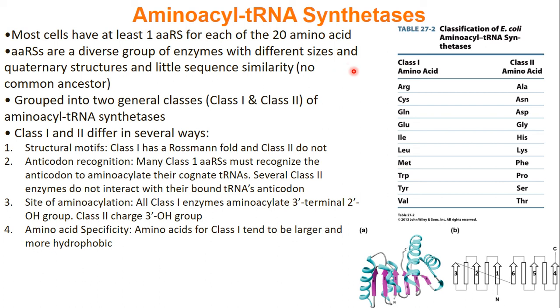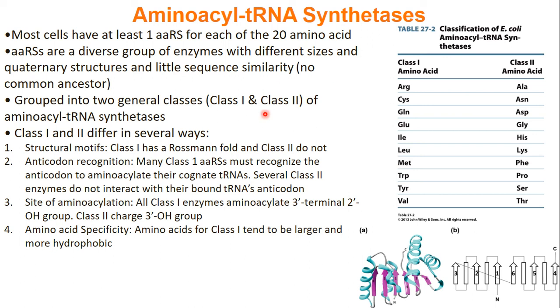Now, AARSs are actually a very diverse group of enzymes, and they all have different sizes and different quaternary structures and little sequence similarity, which is odd because these AARSs basically do the same reaction just for different amino acids. And what this tells us is that these AARSs didn't really have a common ancestor that all 20 grew out of.